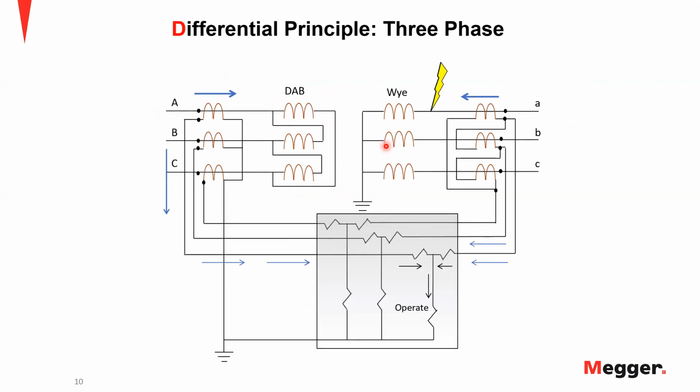It's a delta-Y transformer, and you see that I have all 3 phases connected onto the relay on both sides. The 3-phase differential uses the same concept that we just discussed in the single-phase examples. The only extra thing is multiple operate and multiple restraint coils, one for each phase.